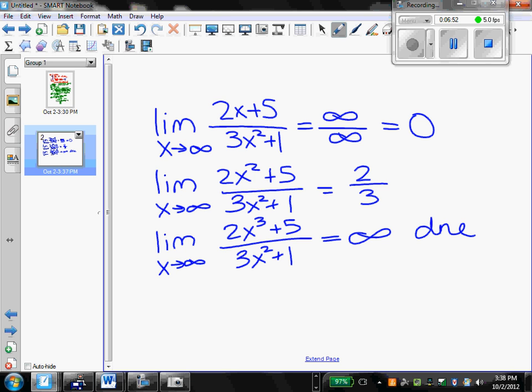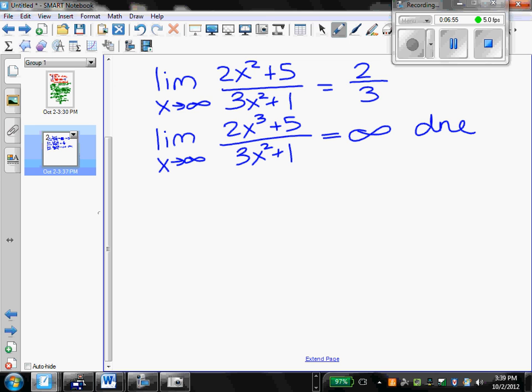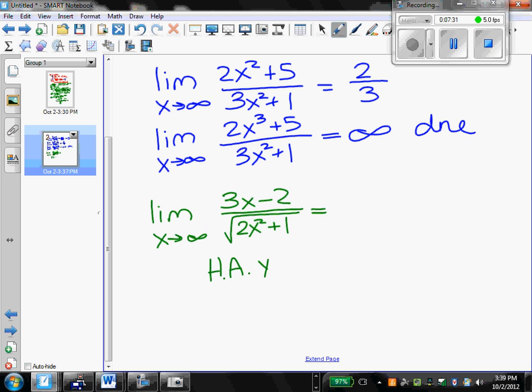A couple other problems that you're going to run into is if there's a radical in your limit. So the limit as x goes to infinity of 3x minus 2 over the square root of 2x squared plus 1. In that case, it may look like the degree of the top is less than the degree of the bottom, but it really is not, because we're just looking at the first terms. So the degrees are the same. In this case, our horizontal asymptotes are plus and minus 3 over the square root of 2.